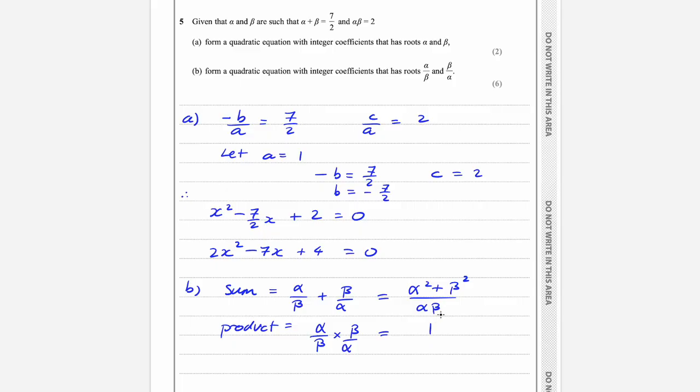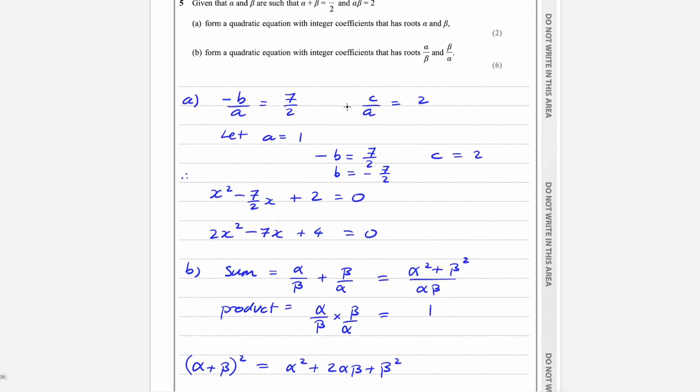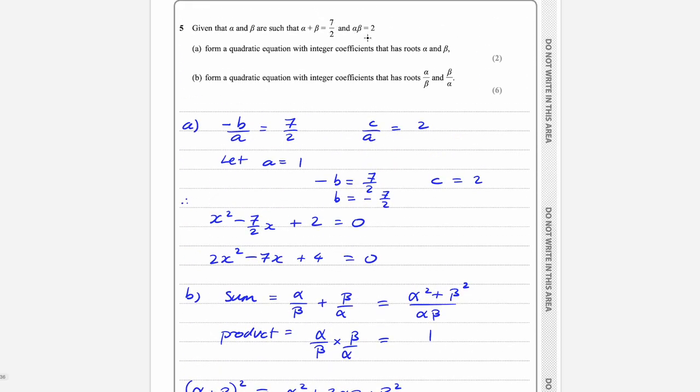And then to deal with this alpha squared plus beta squared, I have to do alpha plus beta squared, which is alpha squared plus 2 alpha beta plus beta squared. And then I can rearrange. If I subtract the 2 alpha beta, I get alpha squared plus beta squared. Now we know that alpha plus beta from part A is 7 over 2, and alpha beta is 2.